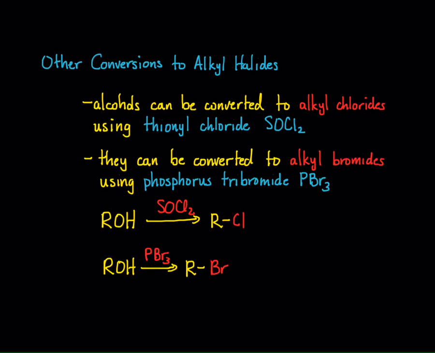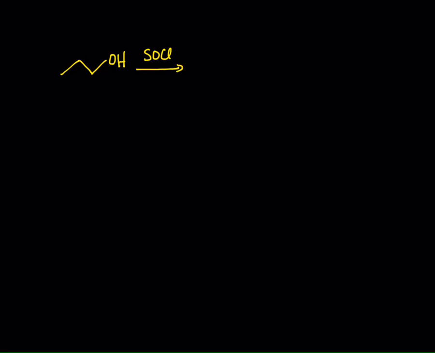So that's a key feature, right? Alcohols react with thionyl chloride to give you alkyl chlorides, and they react with phosphorus tribromide to give you alkyl bromides. So here's a couple of examples. In my first example, I have 1-propanol reacting with thionyl chloride and pyridine.